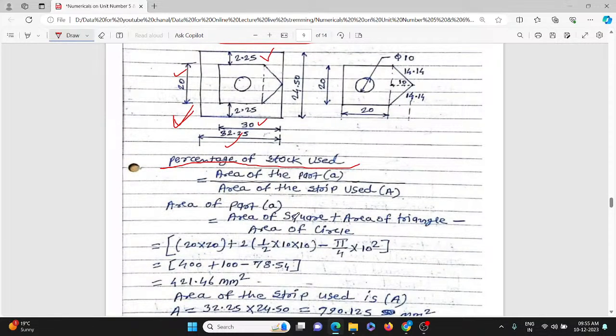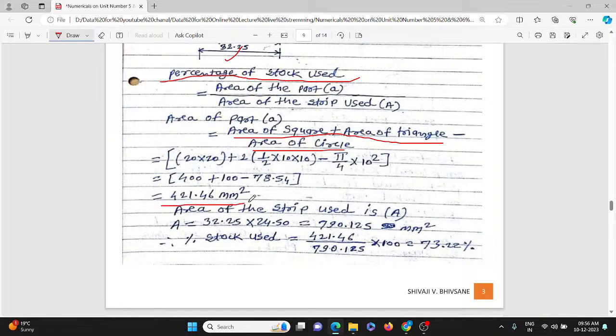That is the area of the square plus the area of the triangle, and from that you have to subtract the area of the circle. If you do that, you can get the area of the part A. Same thing: area of the square plus area of the triangle minus area of the circle. So that we have calculated, and it is 421.46 mm square.